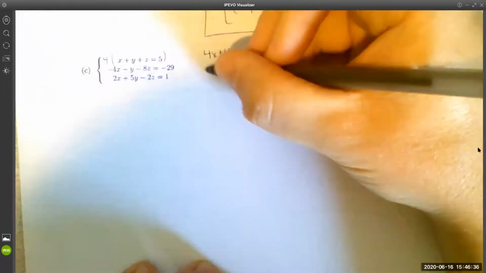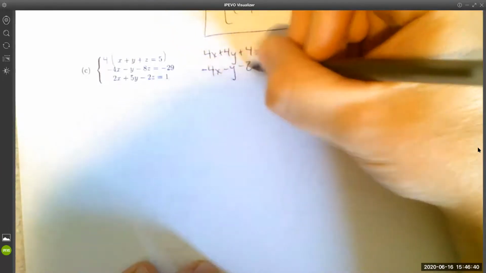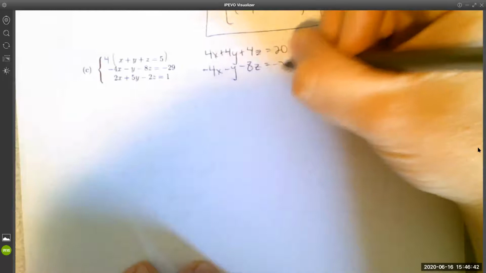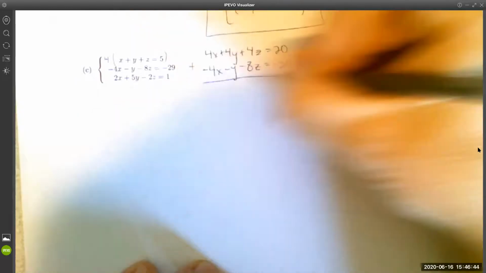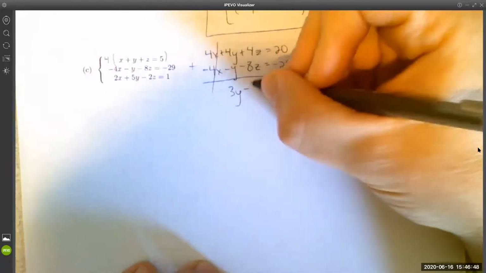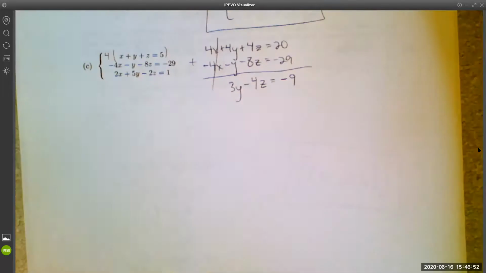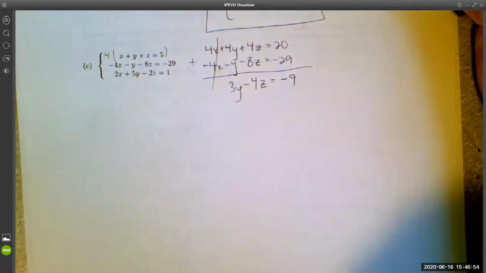And then I'm going to use the middle equation just as is. That'll eliminate my x's. Okay, so far so good there.